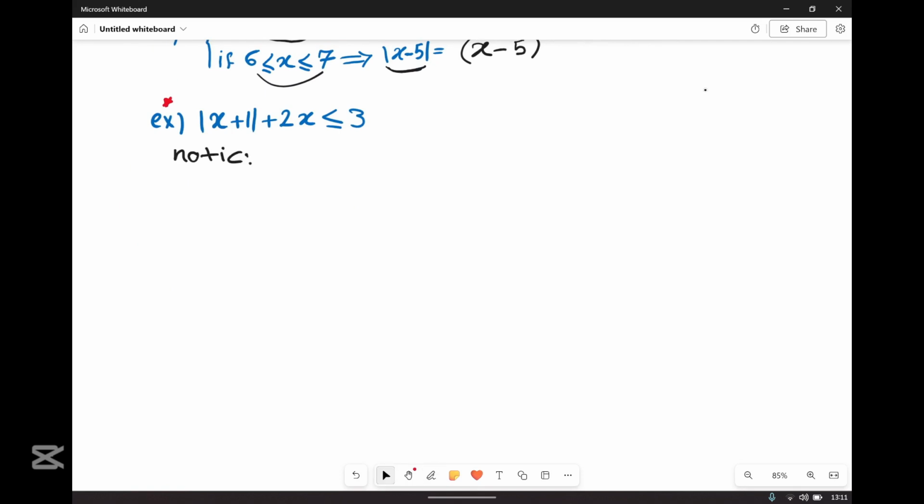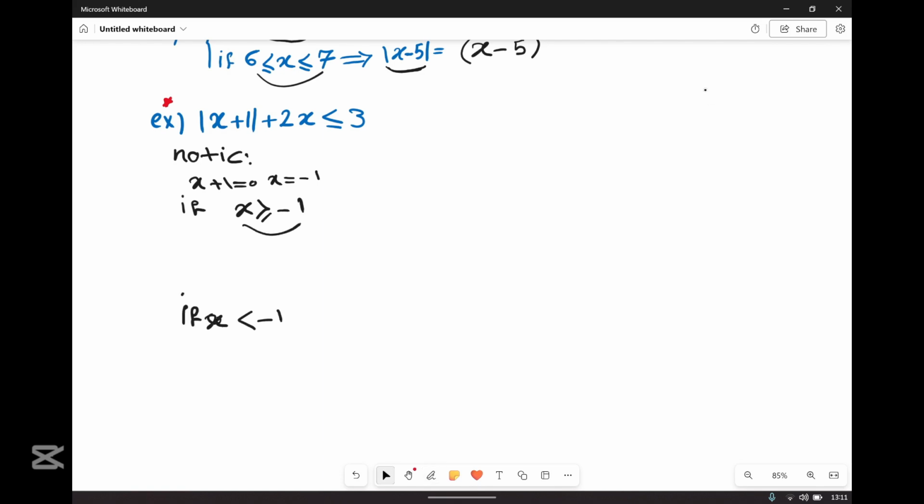But now a tricky question. Notice that when you have an absolute value in any equation or inequality, you must split at the root point. Therefore x + 1 = 0 gives x = -1, and we consider x greater than or equal to -1, or x less than -1.